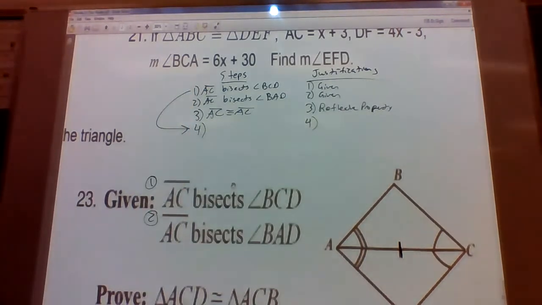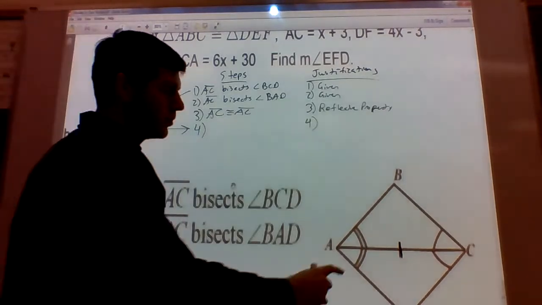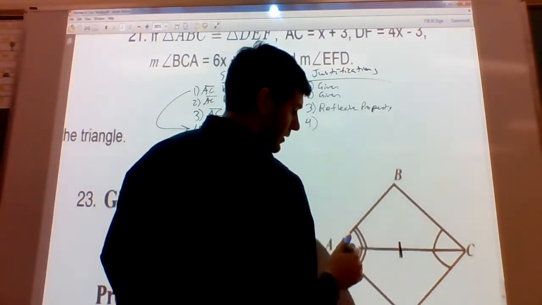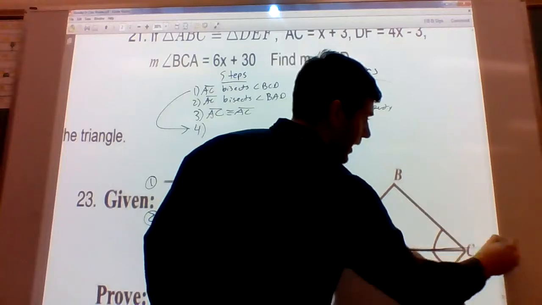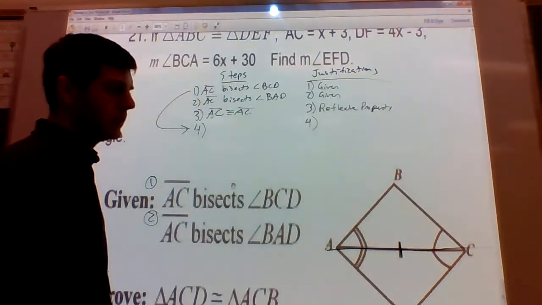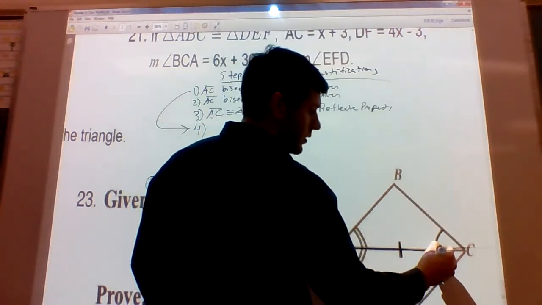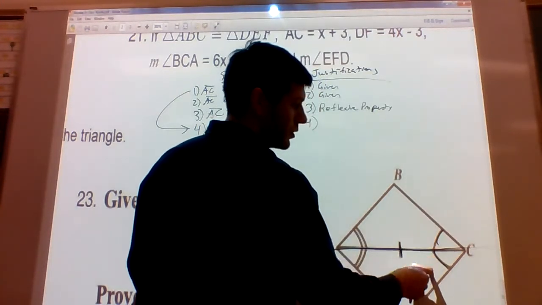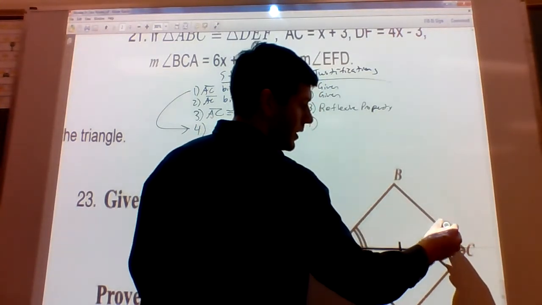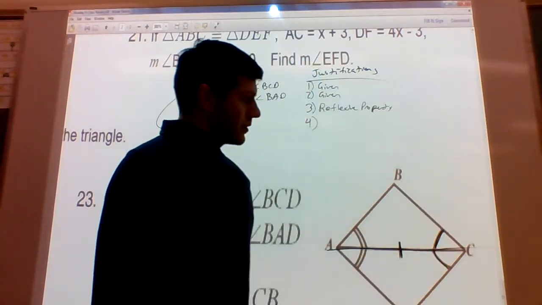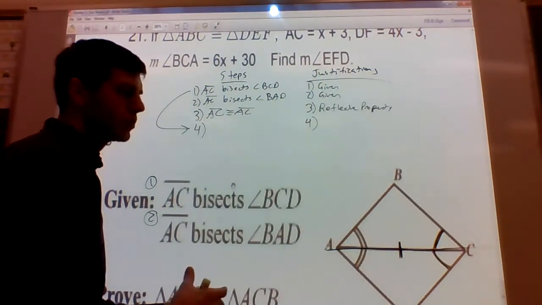AC bisects angle BCD. So here's angle BCD. We're bisecting. AC is bisecting angle BCD. Okay, it's splitting this angle in half. So it's splitting angle BCD into 2 congruent angles. The definition of an angle bisector is that it splits the angle into 2 congruent pieces.